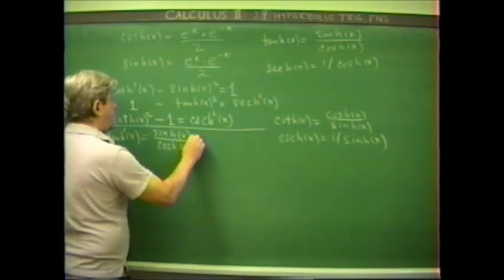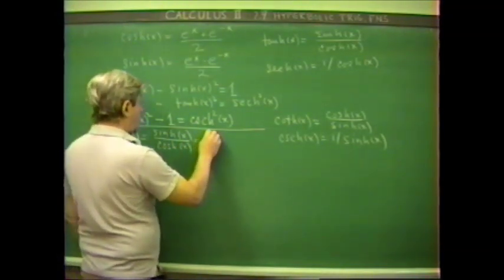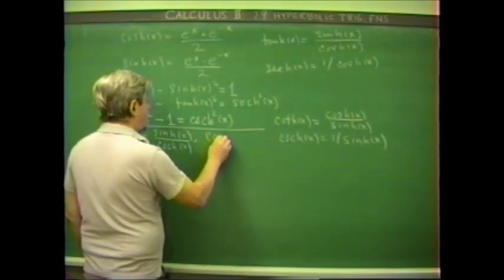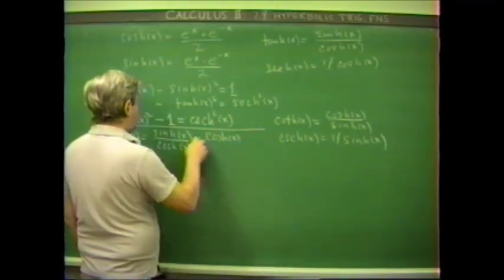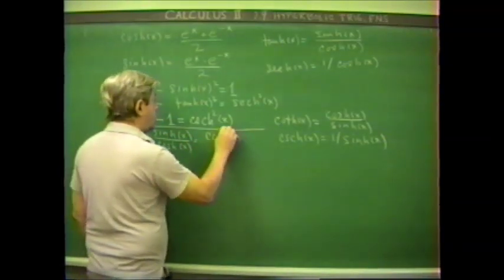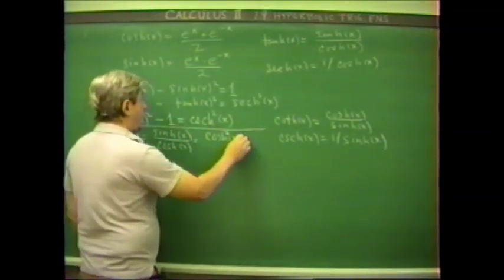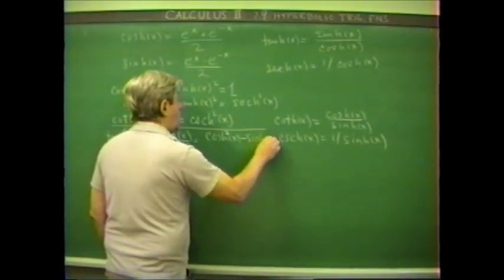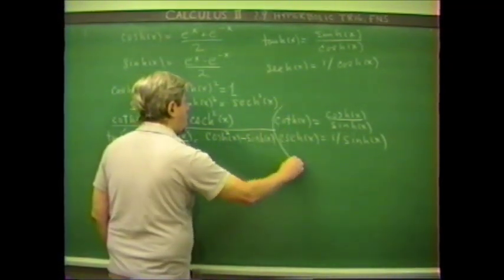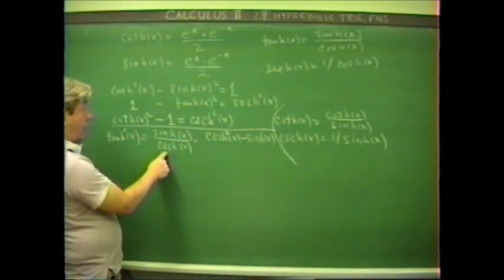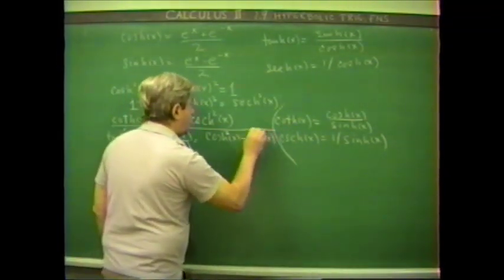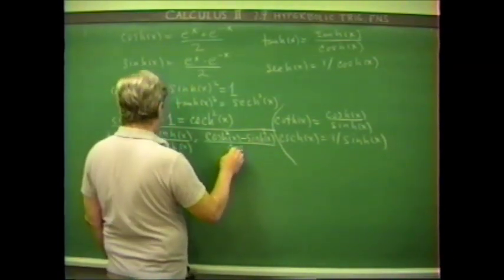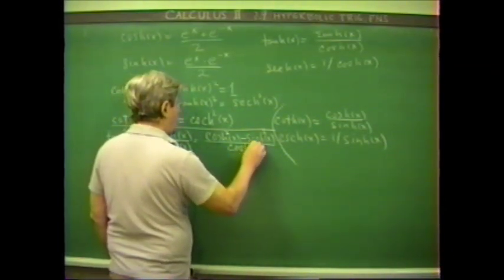So the derivative is the denominator, hyperbolic cosine, times the derivative of the numerator, which is hyperbolic cosine again, so that's hyperbolic cosine squared, minus the numerator, hyperbolic sine, times the derivative of the denominator, which is hyperbolic sine again, over hyperbolic cosine squared.